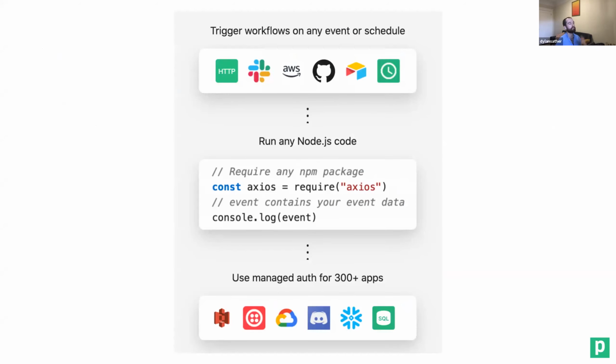So this is the best graphic that we use to summarize how Pipedream works. Again, as an integration platform, we receive events from third-party applications or common interfaces like HTTP, email, or scheduled timer. The cool thing about Pipedream is we put code first.